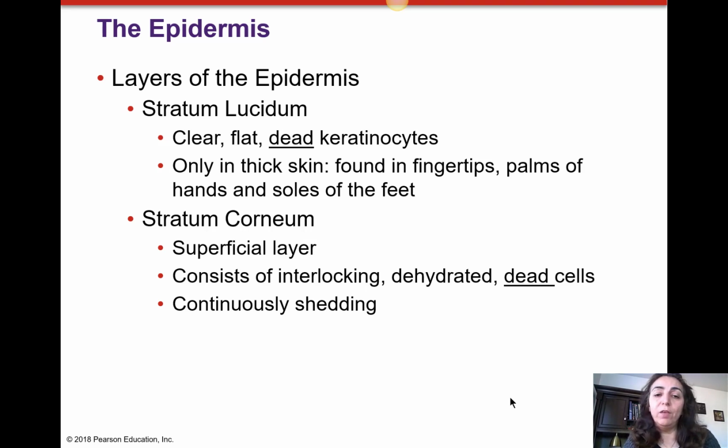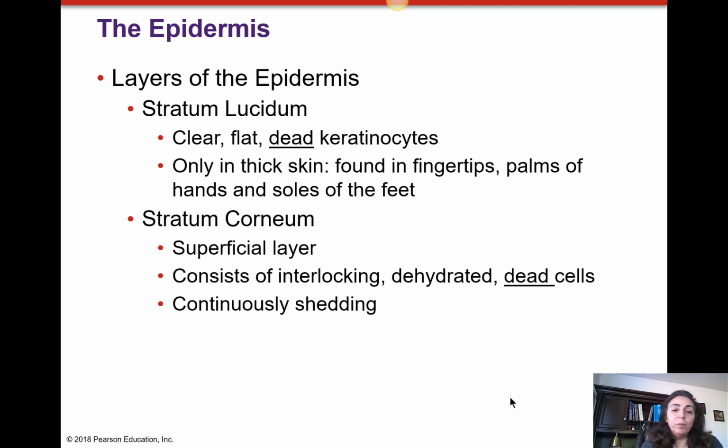So in those areas you have a stratum lucidum. In other words, in thick skin you have 5 layers of the epidermis. In the other parts, which are thin skin, you have only 4 layers of the epidermis because we do not have a stratum lucidum in thin skin.